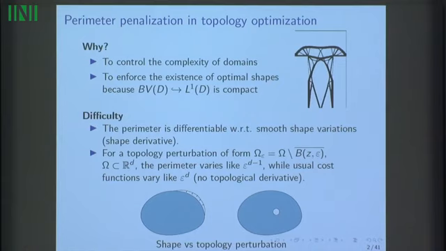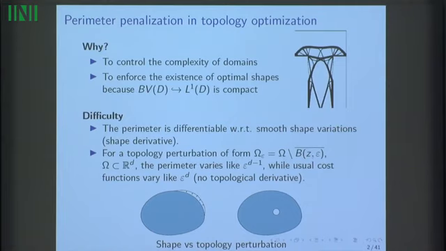So sometimes it can be interesting to find these optimal microstructures, but this is not what I want to do. I'm doing the contrary. I would like to have a simpler domain, without microstructures.